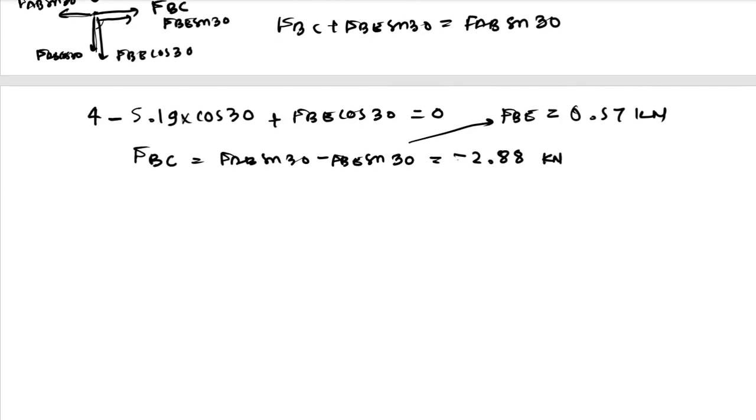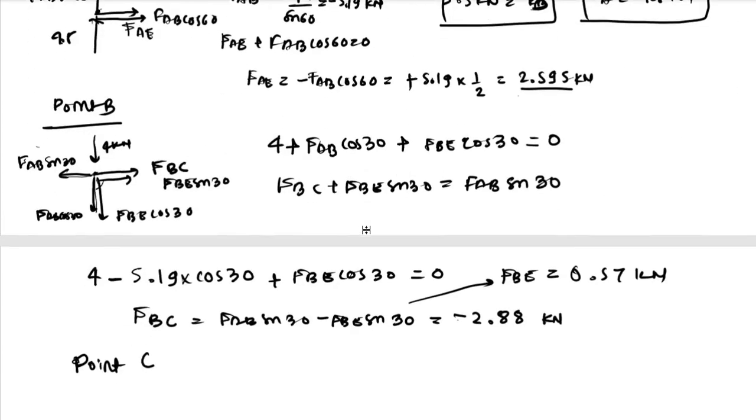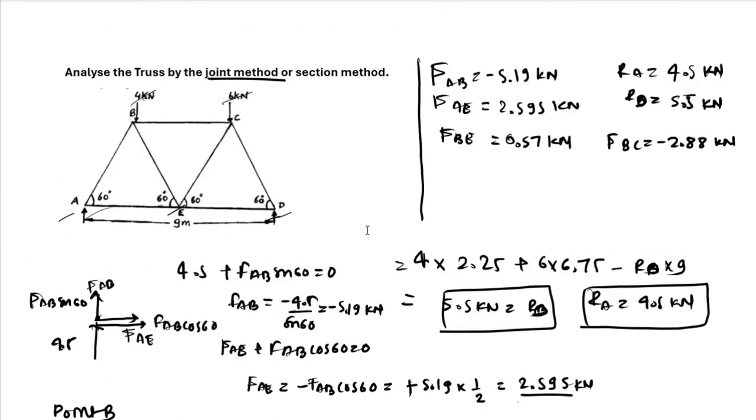So let us move ahead. We can apply force equilibrium at point C, because we again have a force at point C, which we know. Let us try to apply the equilibrium at that point.